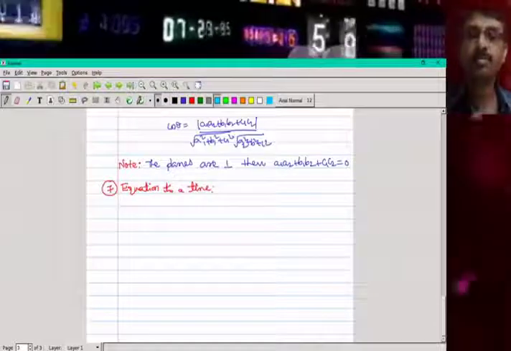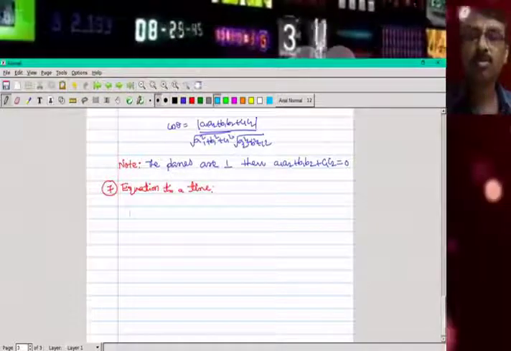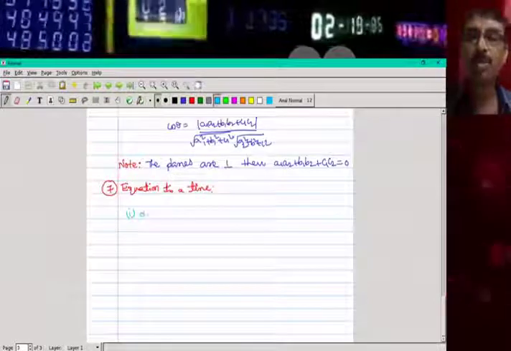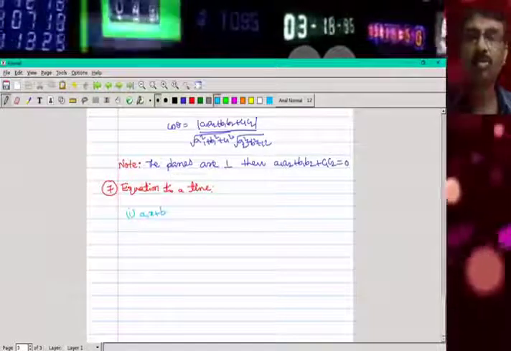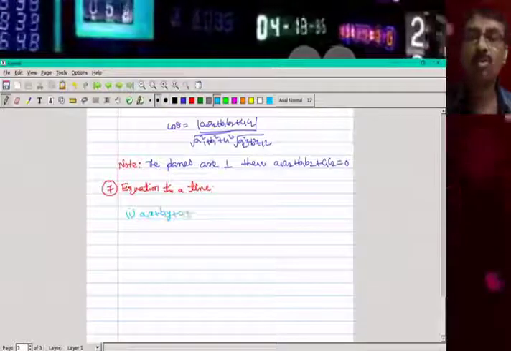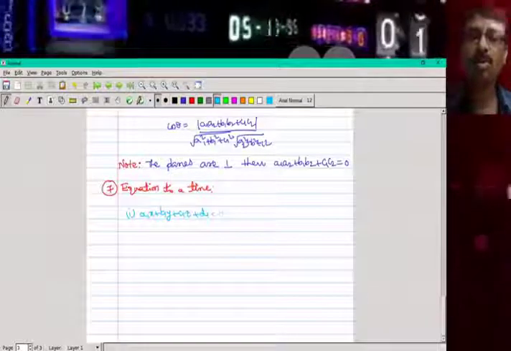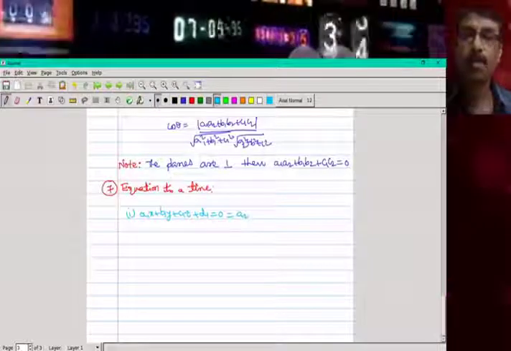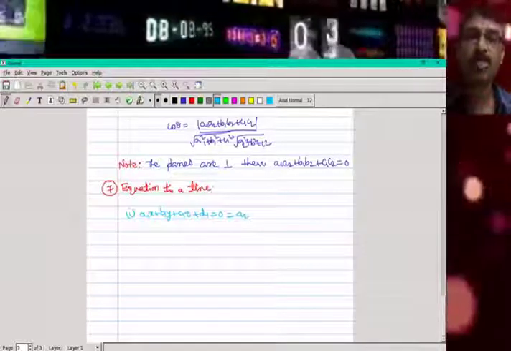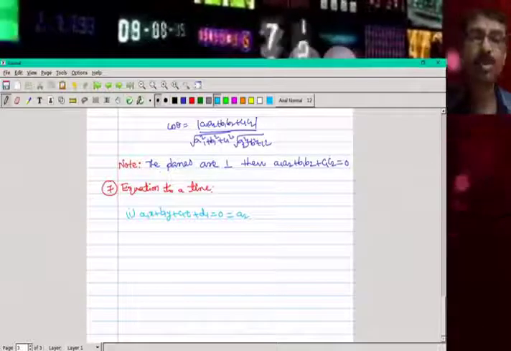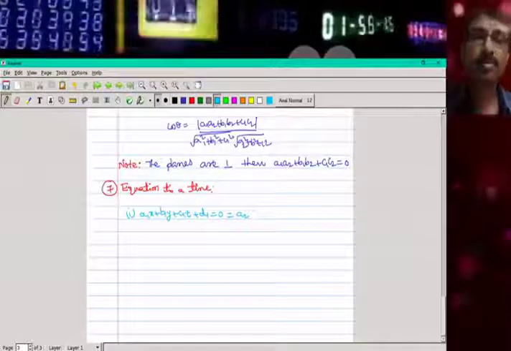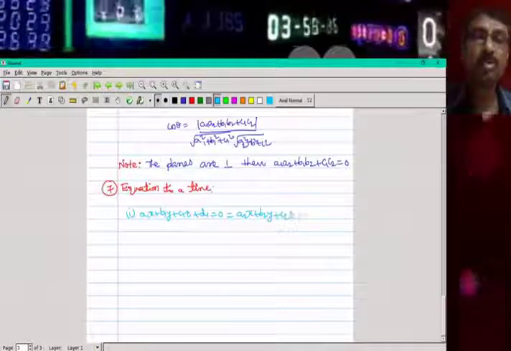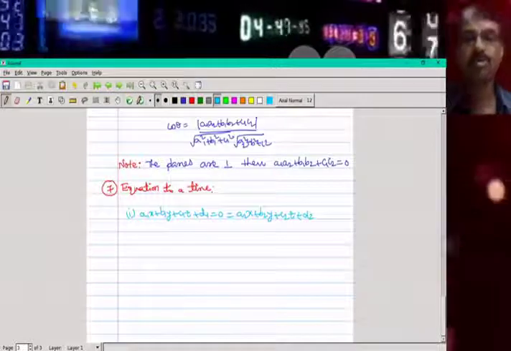Here, the first one is two planes together: a1x plus b1y plus c1z plus d1 equals 0, and a2x plus b2y plus c2z plus d2 equals 0.